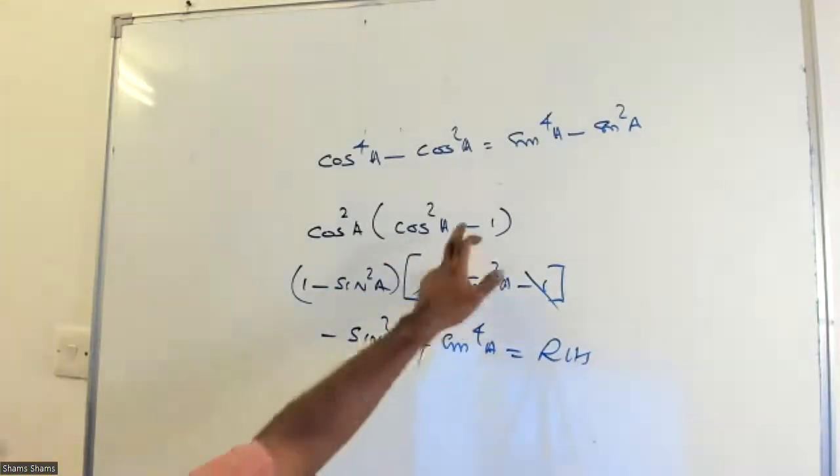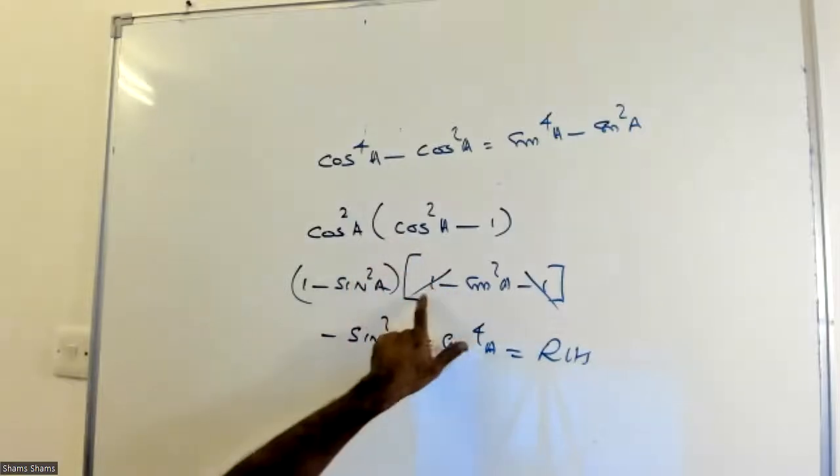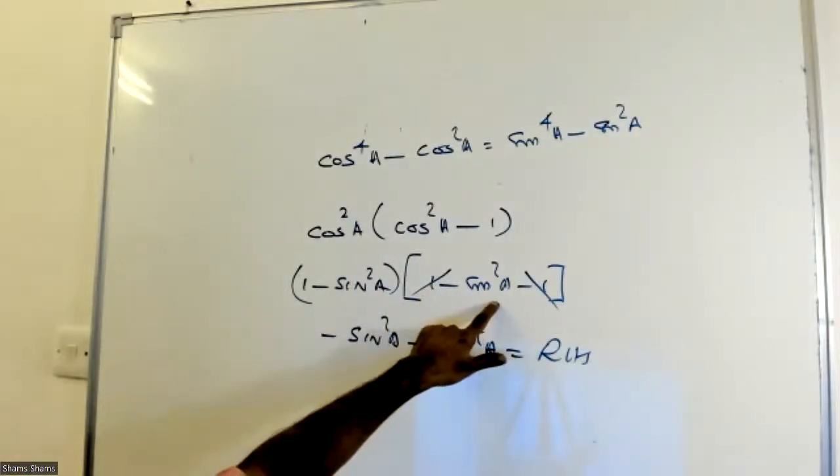Then minus 1. I don't get why there are 2 ones. No, cos square a is 1 minus sin square a, right?